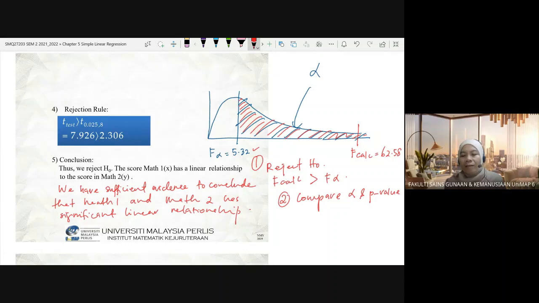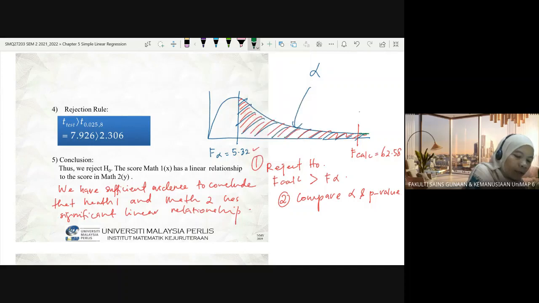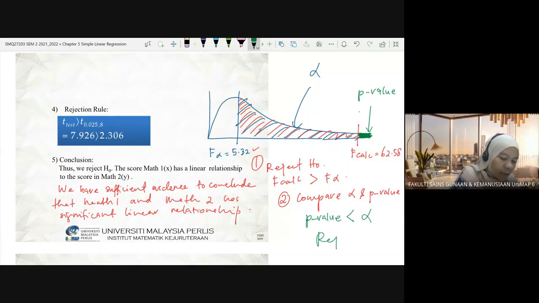The p-value reflects the probability value beginning from the F calculated. So if I take the green region, this is where your p-value is located. The way we make a conclusion is that if your p-value is smaller than your alpha, then we reject the null hypothesis.